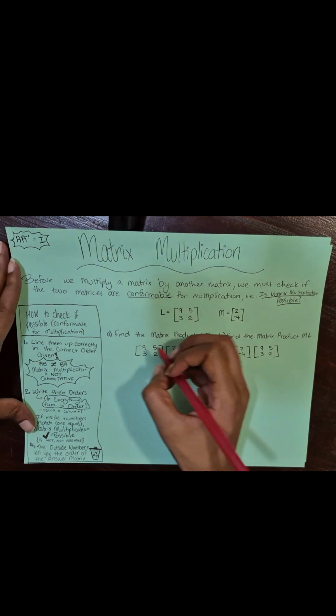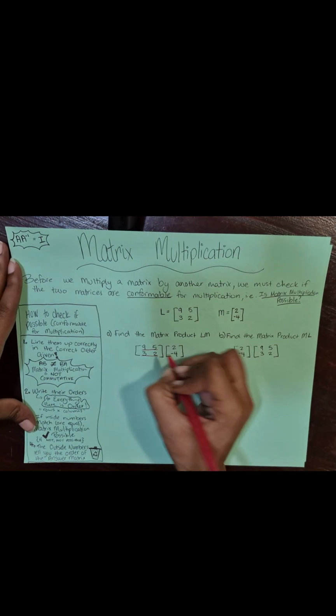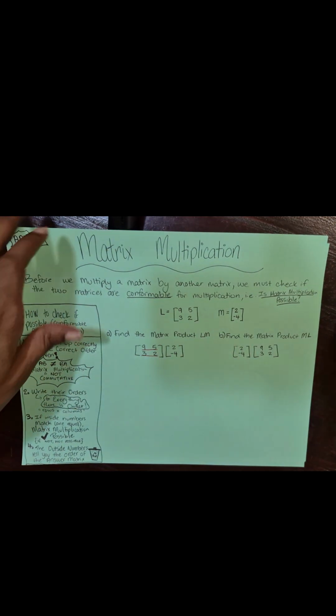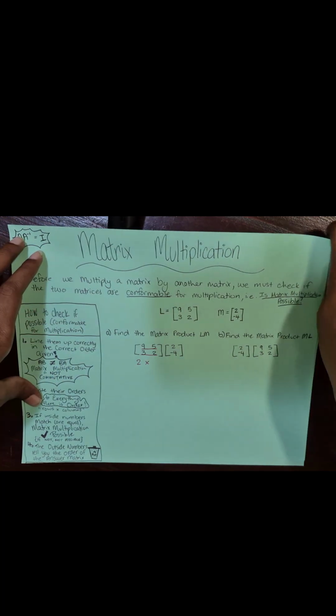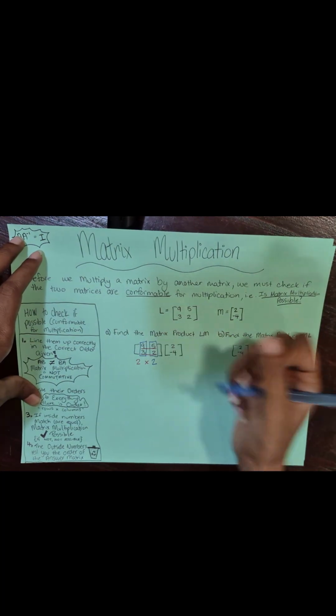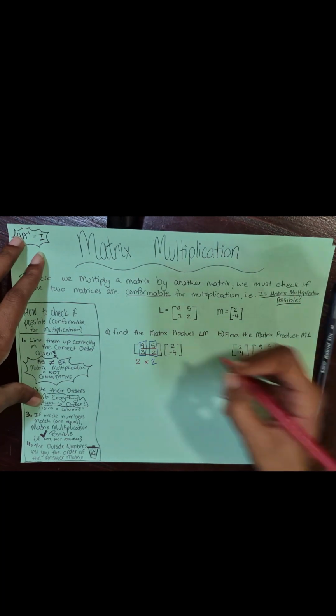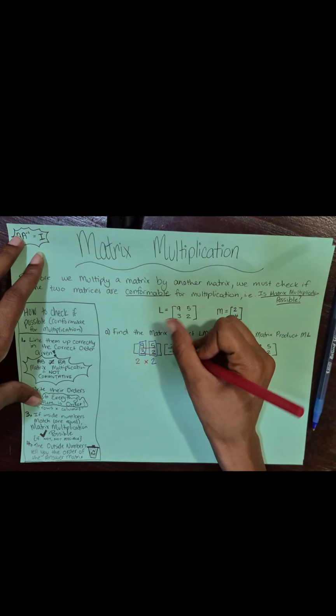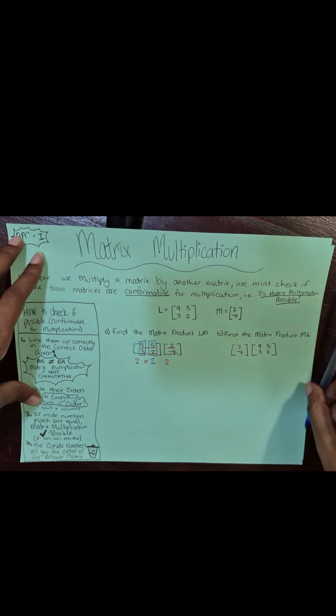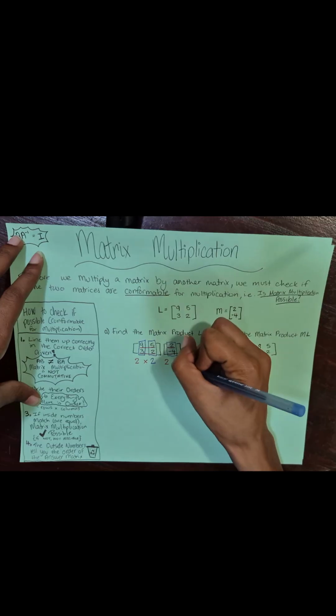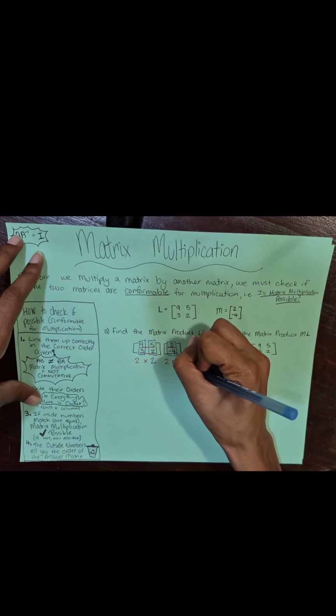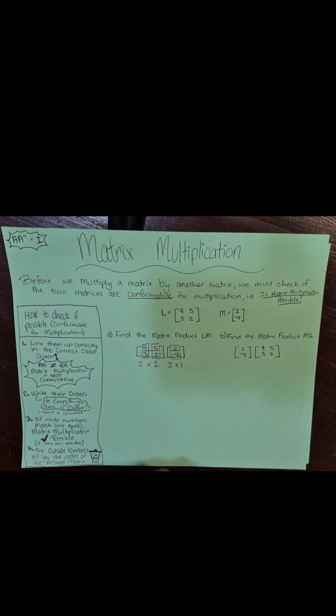For our first matrix, we do rows times columns. So 2 rows, and how many columns? That's 2. And this matrix has how many going across? That's 2. And how many columns? That's 1. Write the order. So to everything there is order.